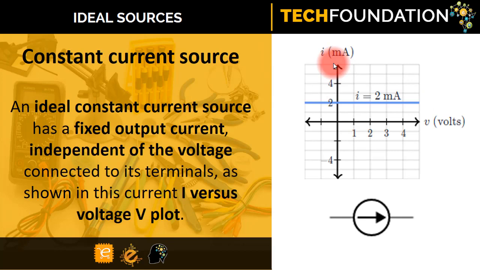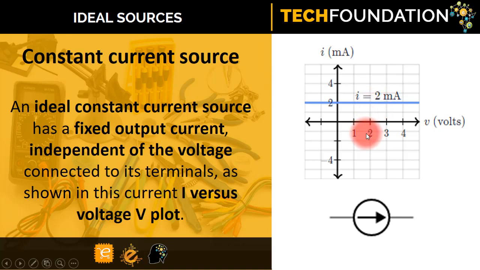Now let's look at an ideal constant current source. These sources, instead of producing a fixed voltage, produce a fixed output current irrespective of the voltage across the terminals. If you look at the IV characteristic curve we have here, we have a horizontal line, and what this means is that no matter how much voltage we draw, the current will still remain constant.